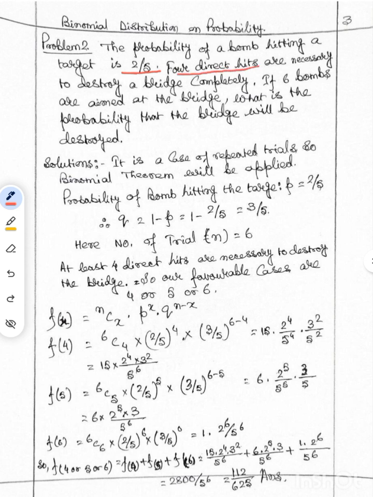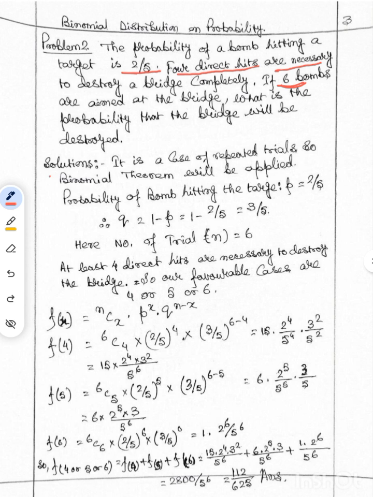It means at least 4 direct hits are necessary. Therefore, if 5 or 6 bombs hit the target, the bridge will also be destroyed. And 6 bombs are aimed, that means our n equal to 6 as per the binomial formula.